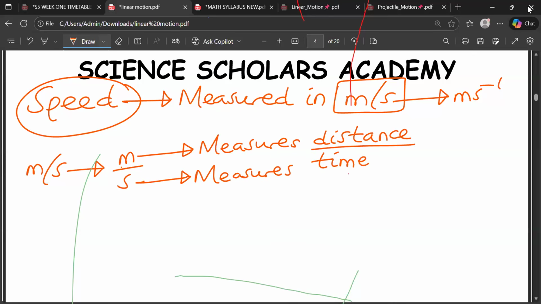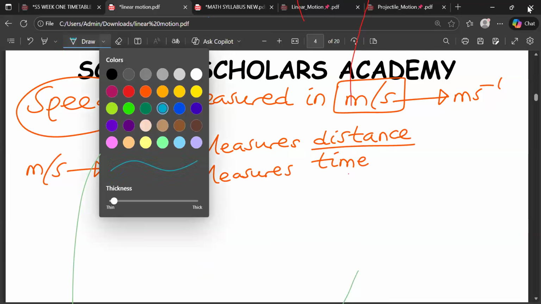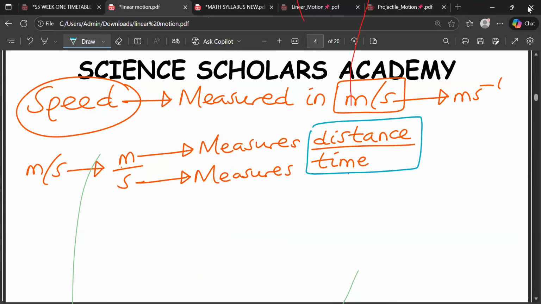Get the point? So what does that imply? It implies that distance over time is the formula for speed. And you all know from primary that from this you can derive a lot of things. Distance is speed times time. Time is distance over speed. And you need all these things in this very lecture.